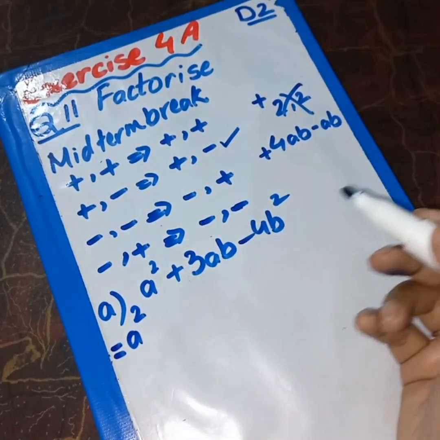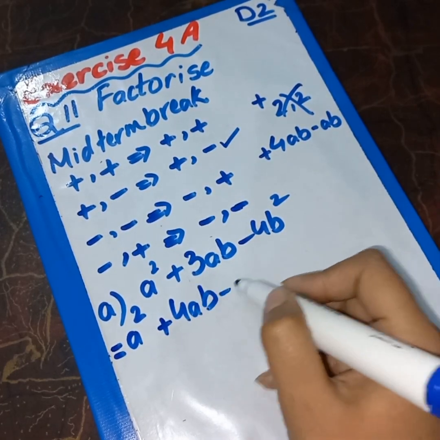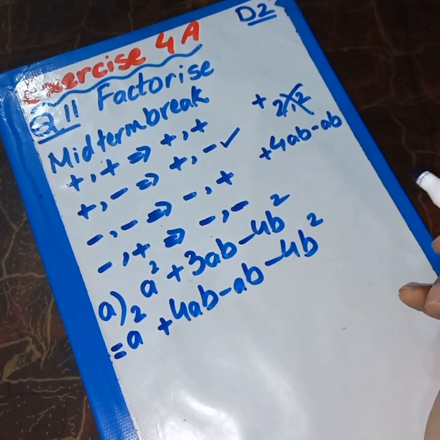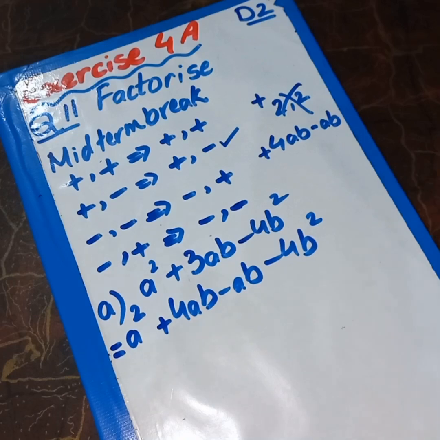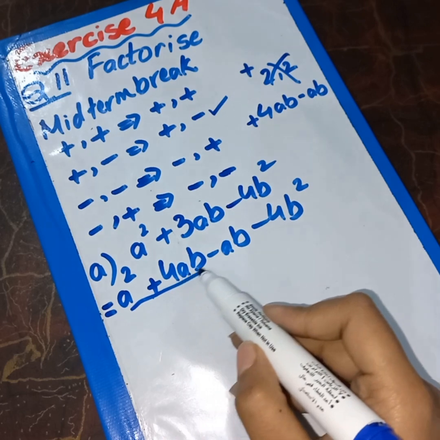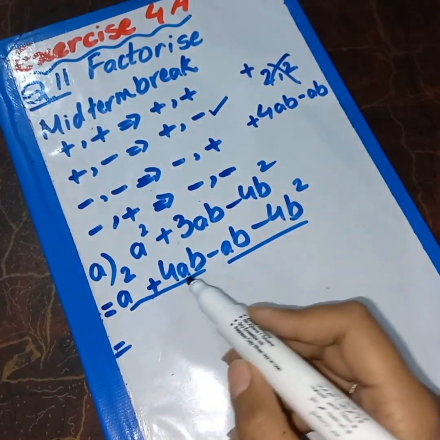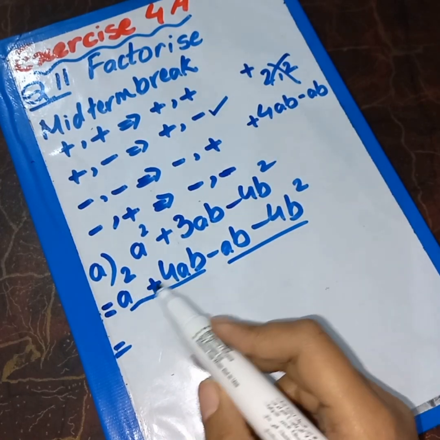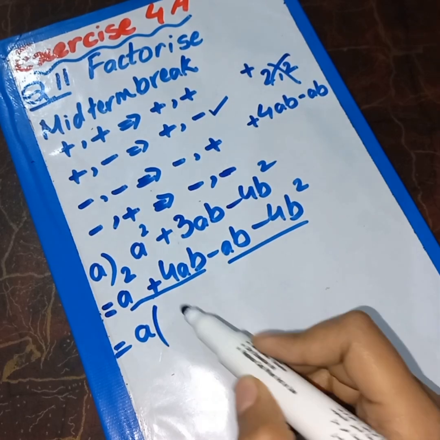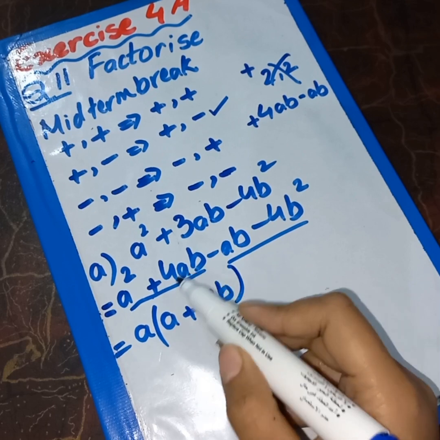So a square plus 4ab minus ab and minus 4b square. It will come down as it is. Now I need to factorize. I will factorize the first two terms and then the second two terms. From the first two terms, I can see that a is a common variable, and I will pick out the smallest power of a outside. Inside it will come a plus 4b, because this a is already outside.